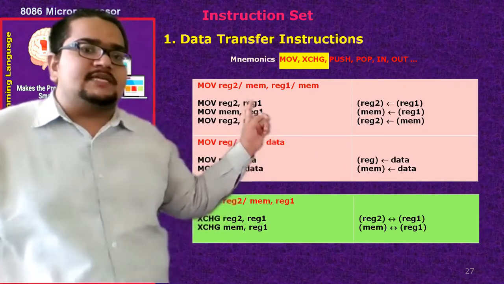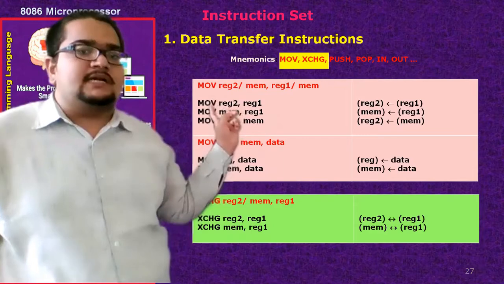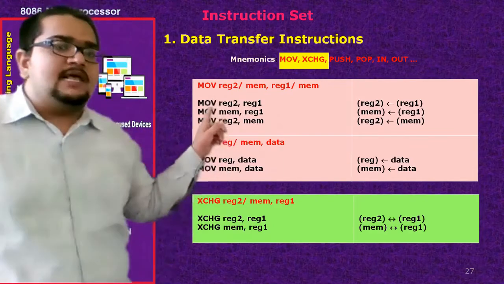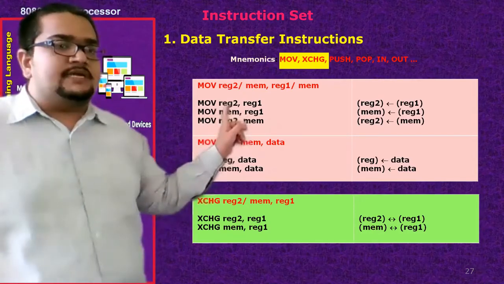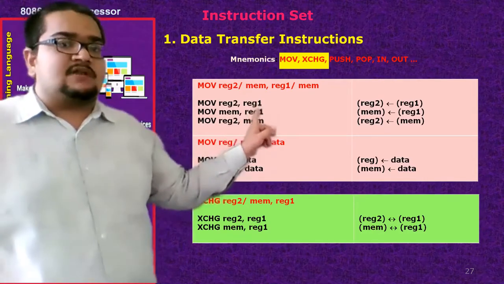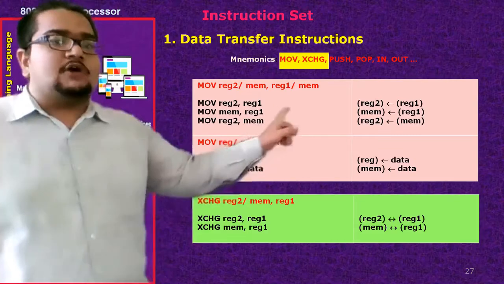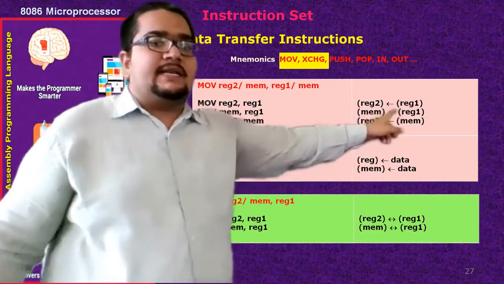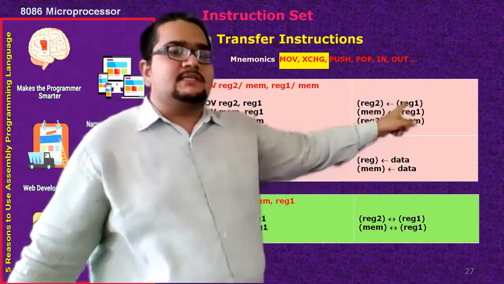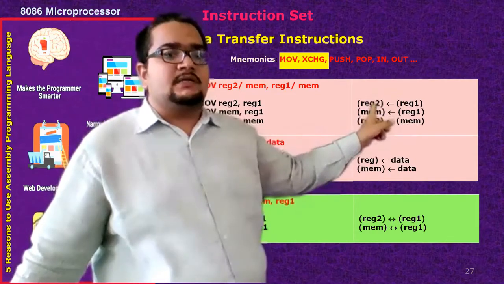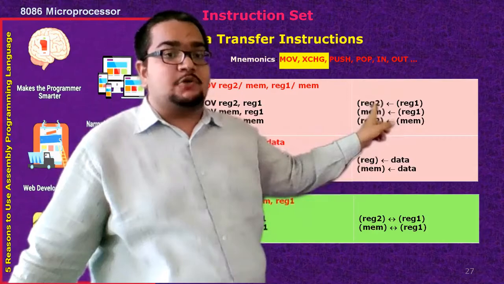And earlier while discussing the instruction formats, I told you that the instruction format in 8086 will be, here, the operation is move, register 2 is our destination, register 1 is the source. So how the operation goes on: the content of register 1 will move into register 2, becoming the content of register 2.